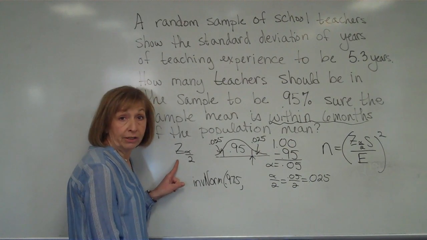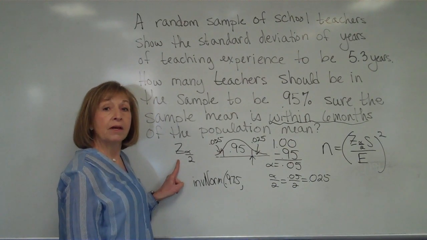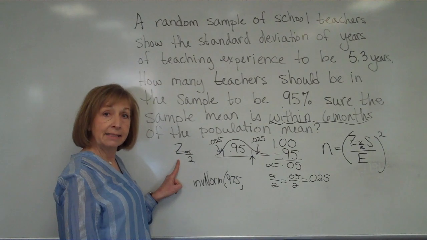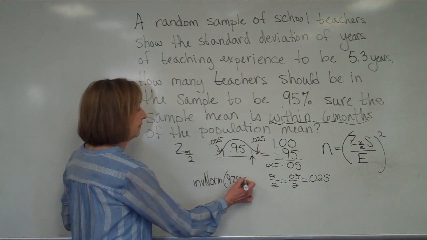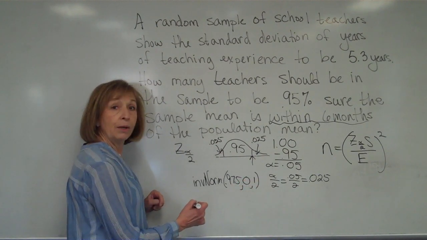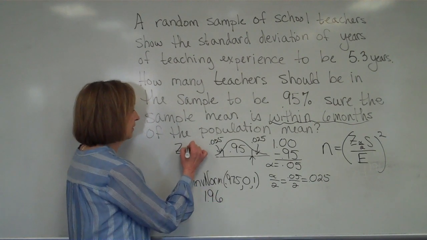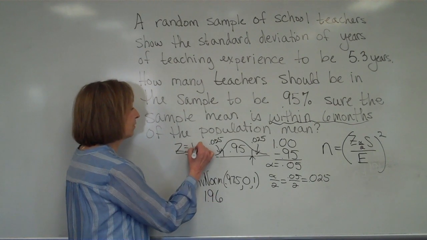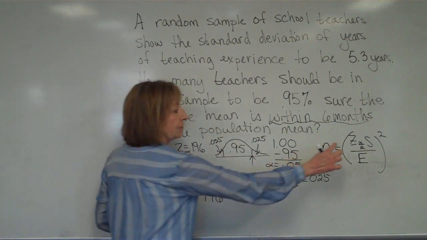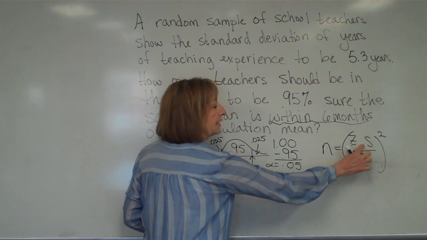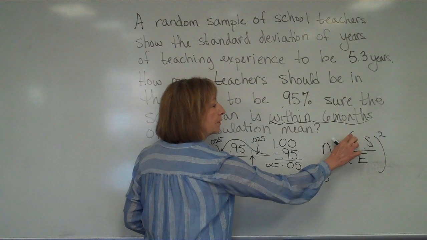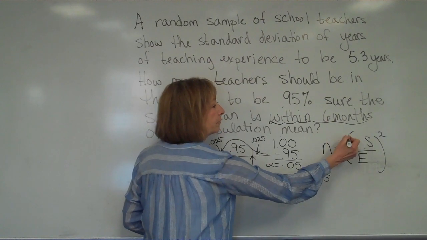It's also the z critical value. So remember, for the z critical value, the mean is 0 and the standard deviation is 1. And when you calculate that, you're going to get a 1.96. So that's what our z sub alpha over 2 is, and that's what we're going to put in this formula for the z sub alpha over 2.